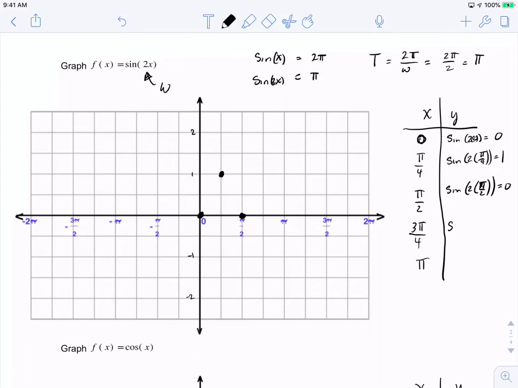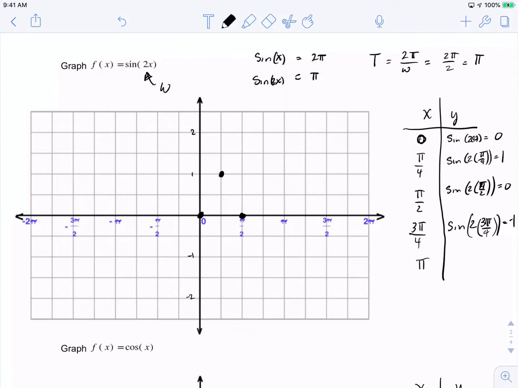And then sine of 2 times 3 pi over 4 is going to be sine of 3 pi over 2, and sine of 3 pi over 2 is -1.